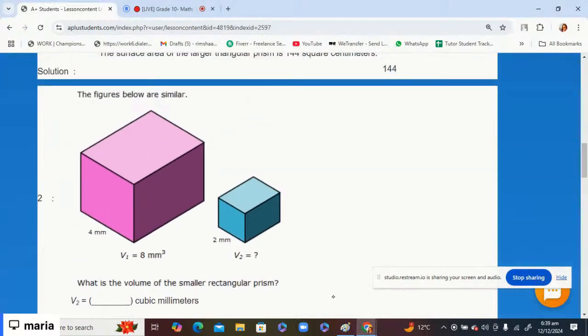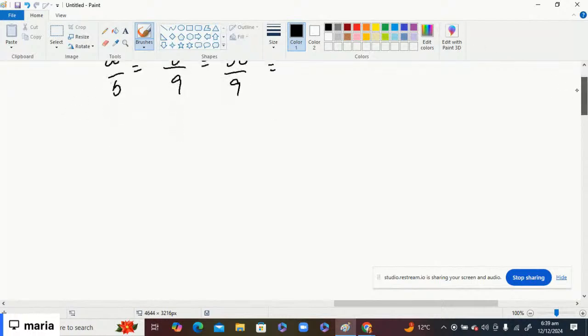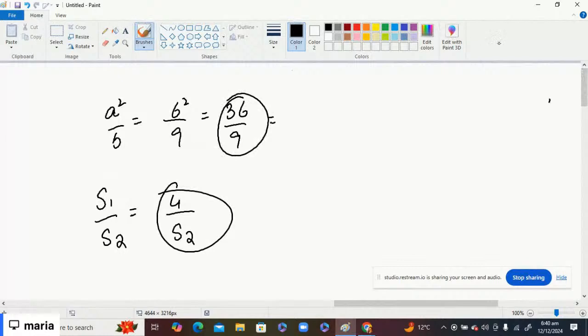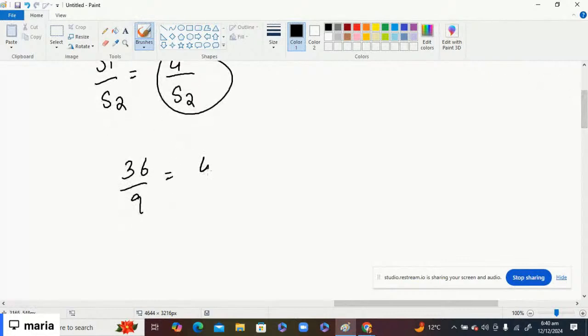Okay, and then what is surface area for this? Just proving this thing, and then now surface area S1 over S2. S1 is given here, for example, let's suppose 4. S2 is not given. Now we are going to equate this thing and this thing. Okay, so we are putting here 36 over 9, which equals surface area 4 over surface area S2, which we are going to find.